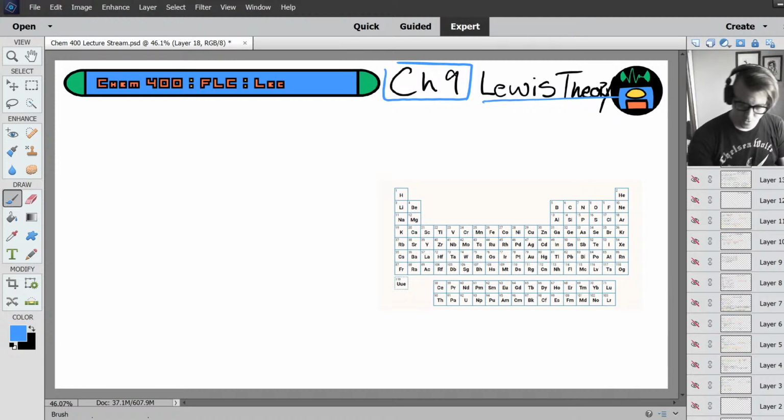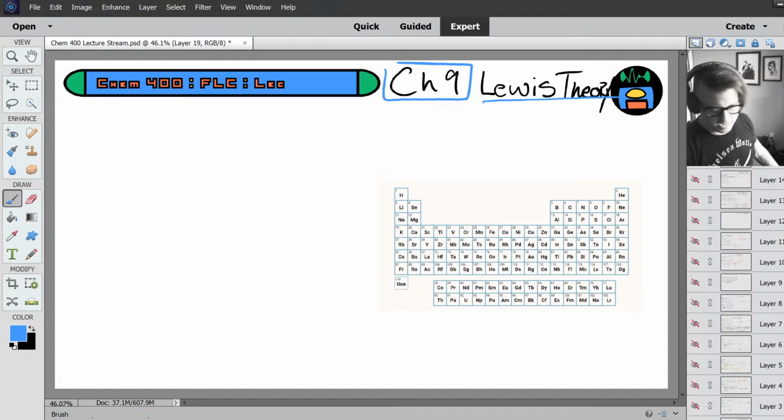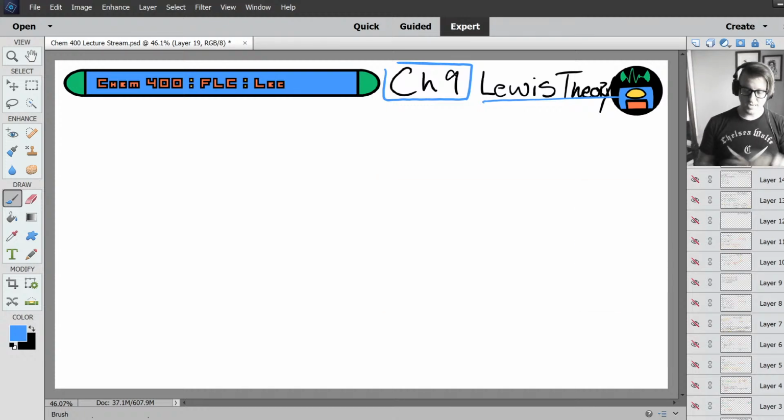Okay. What is this Lewis theory thing? Lewis theory is simply a different way of depicting something we already know. It's a different way of looking at structure.